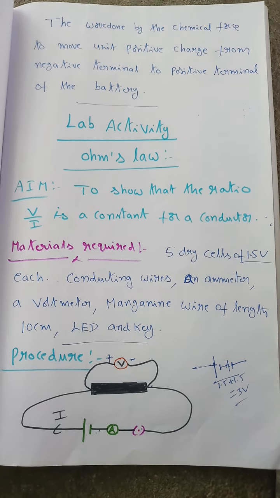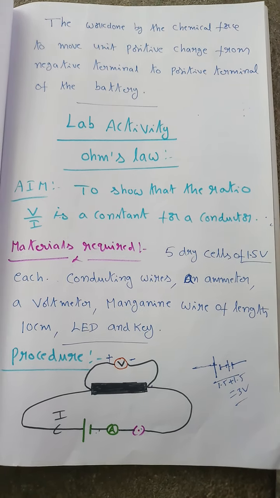Next see here, to measure the potential difference between any 2 points. Here we have to measure the potential difference between the two ends of a magnet wire. So we have to connect a voltmeter parallel to the magnet wire in this way.